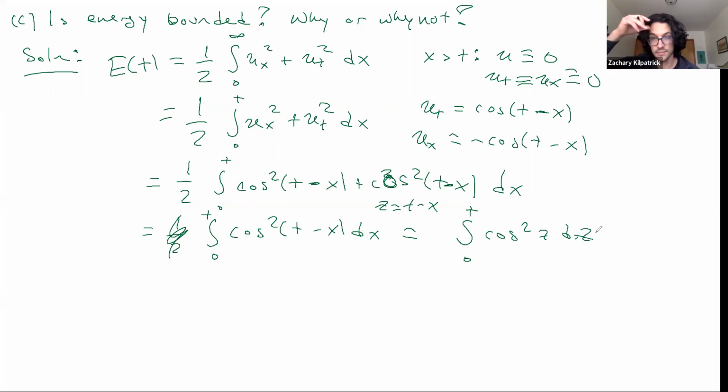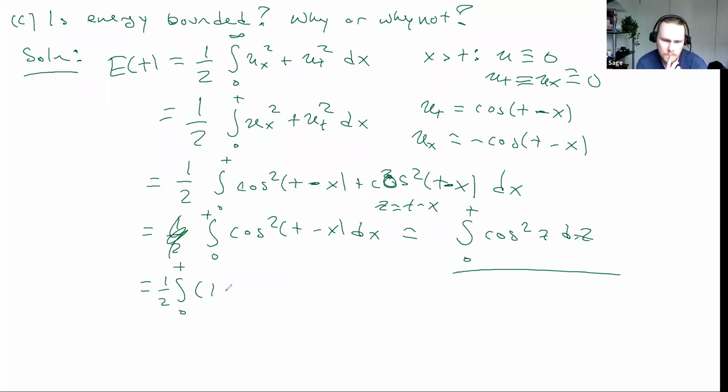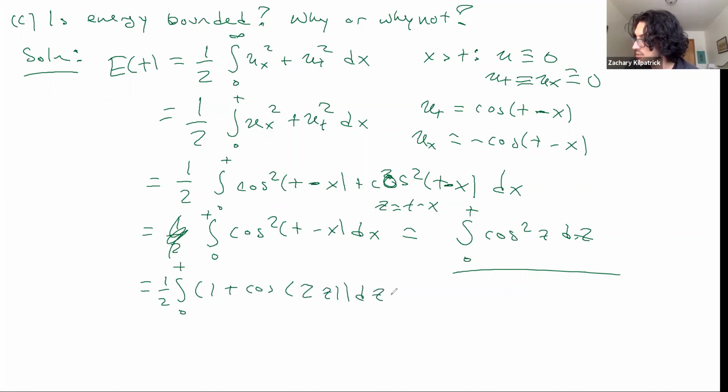And you can either be given what this integral is, or I can give you the double angle formula, which is that cosine squared z is just going to be 1/2 (1 plus cosine 2z) dz. Okay, and now we see that if I integrate this up, I'm going to get t over 2 plus sine of 2t over 4.